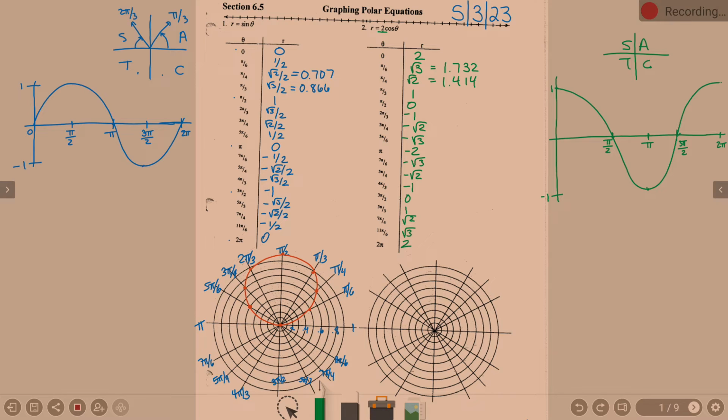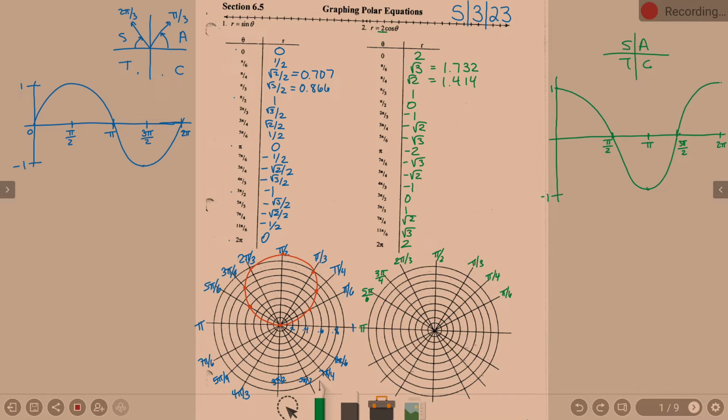As we go to graph this, you need some angles on here. Pi over 6, pi over 4, pi over 3, 2 pi over 3, 3 pi over 4, 5 pi over 6. I guess you guys are going to be mad that I didn't do pi over 2. Yeah. Furious.